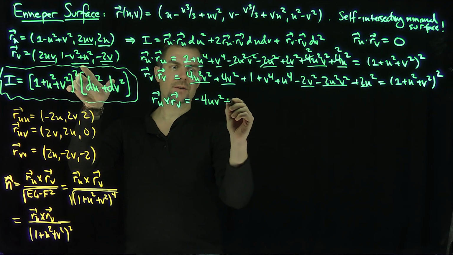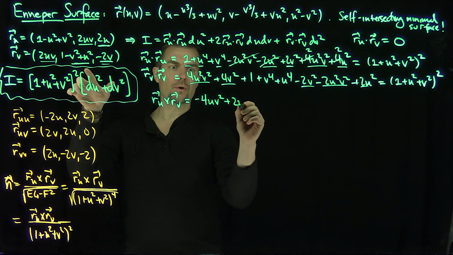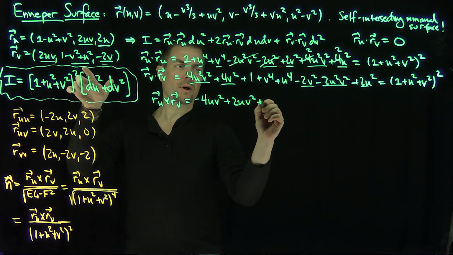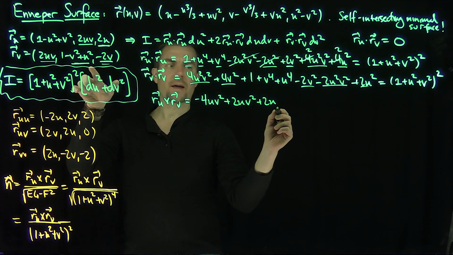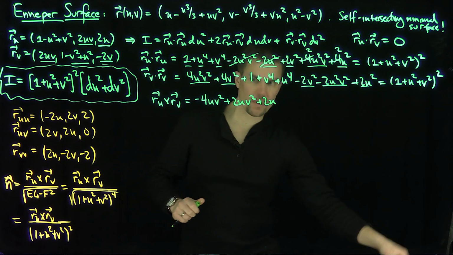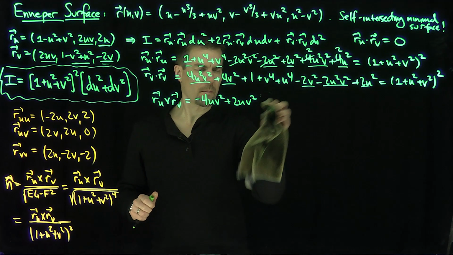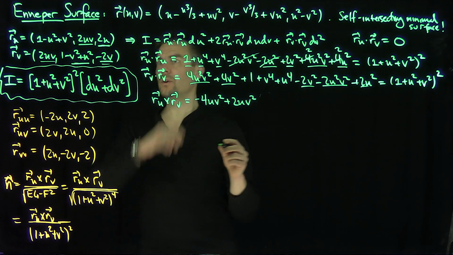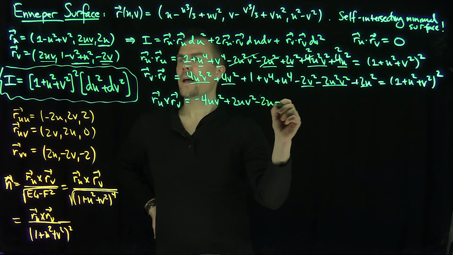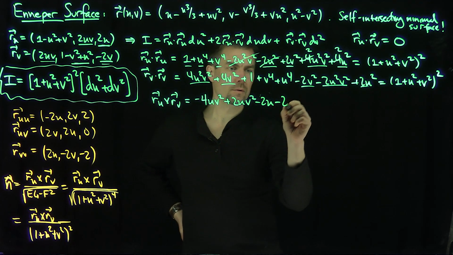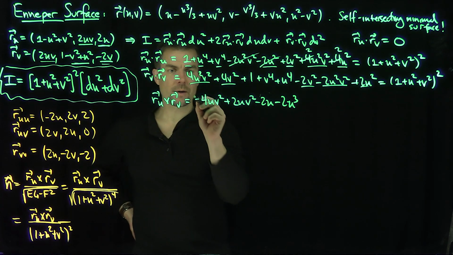So that's going to be a positive 2uv squared, and then a minus 2u, and a minus 2u cubed. That's my first entry, right?